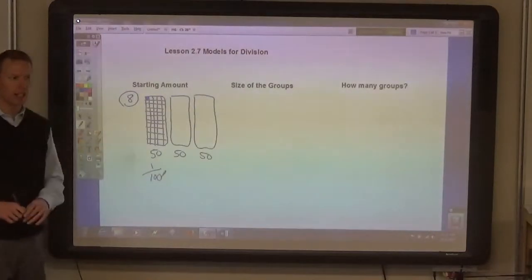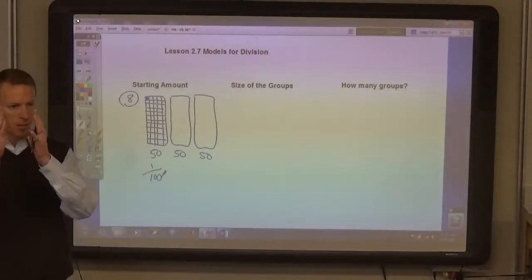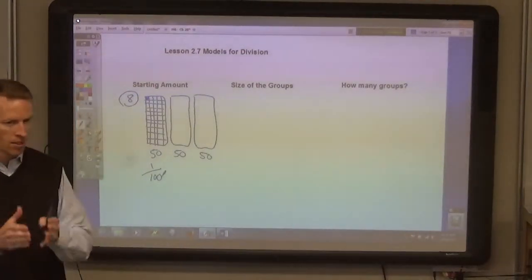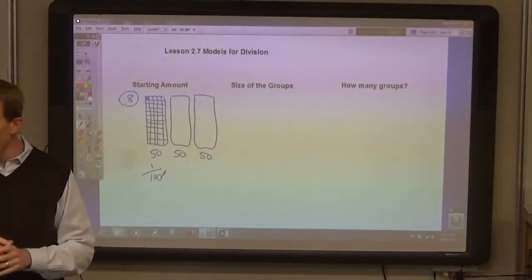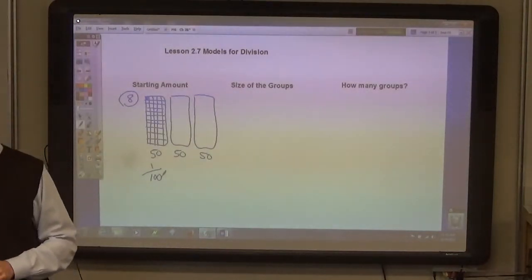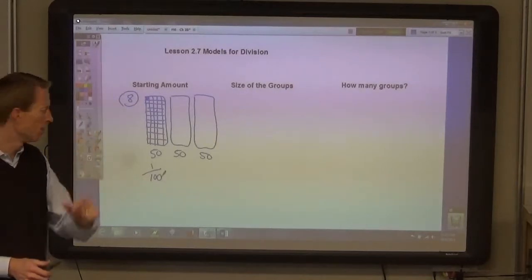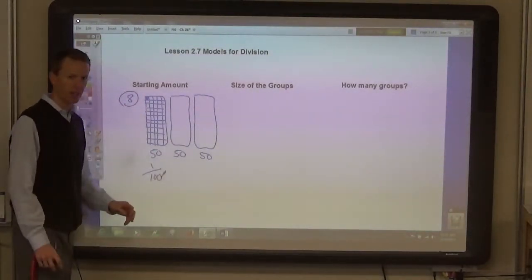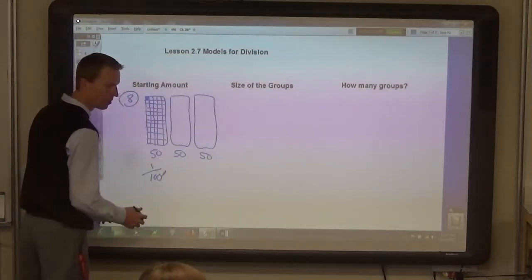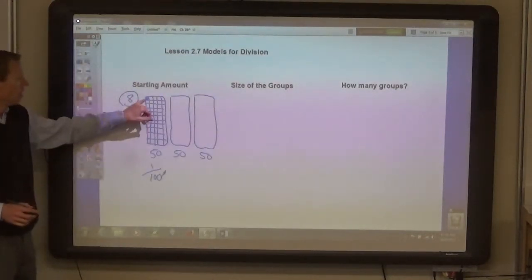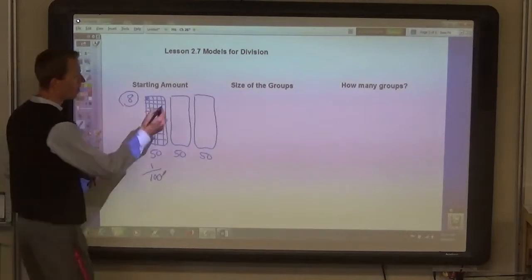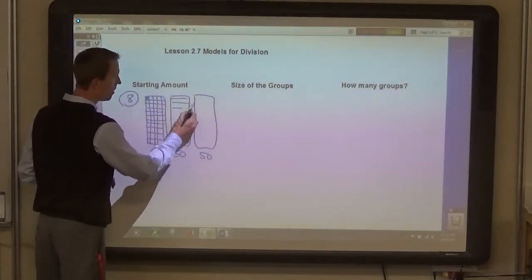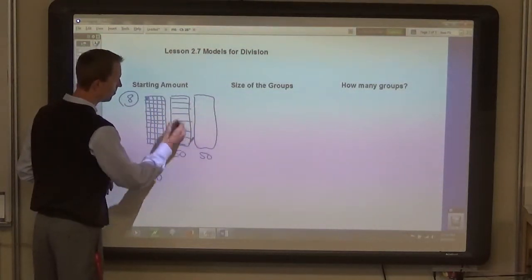When we're modeling numbers, we use them in groups of 10, 1, 10, or 100. These are little hundredths squares. So one of these is 1 out of 100. Think of these as being 2 together.